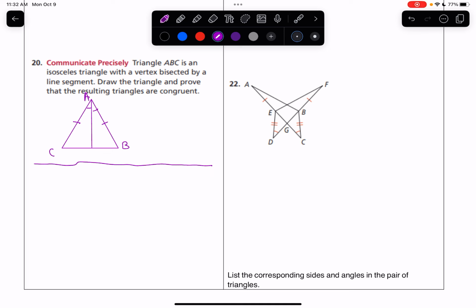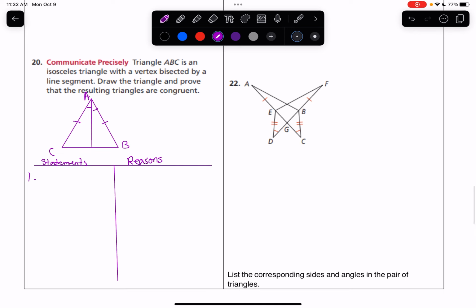Let's go ahead and make our proof with our statements and our reasons. So I know, number one, I'm going to put a D down there to give ourselves another point.